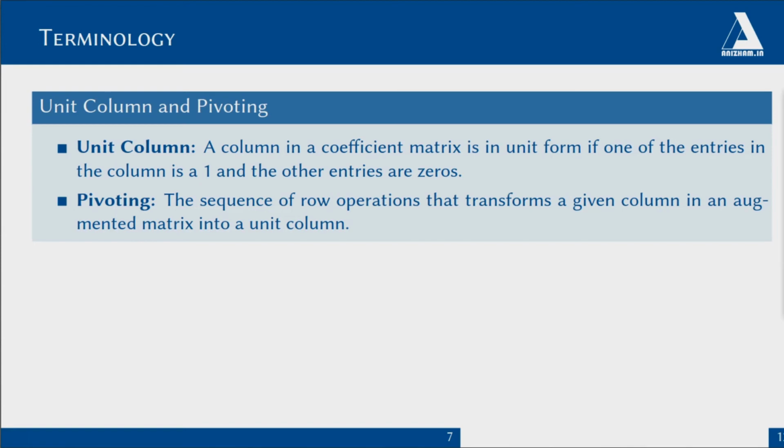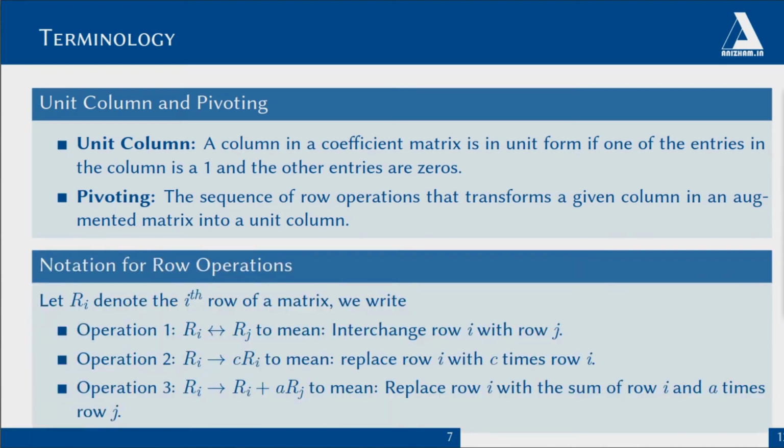And pivoting is the sequence of row operations that transforms a given column in an augmented matrix into a unit column. That is, we want to convert the coefficient of a particular variable to 1 and remove all the instances of that particular variable from all the other equations. That is known as pivoting.